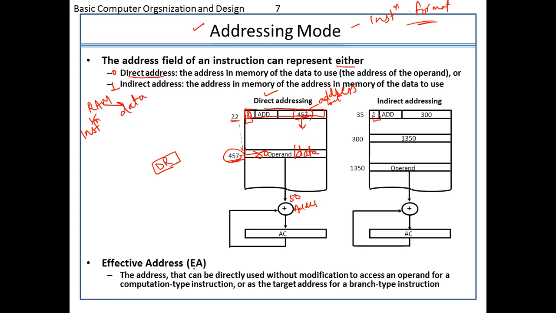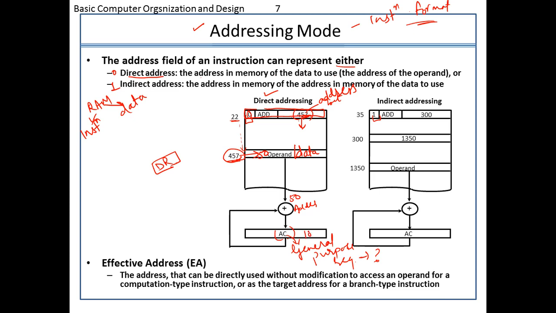This 50 comes from here, and this is an accumulator. An accumulator is nothing but a general purpose register. Now, what is a general purpose register? I am just making you aware of this; in the next slide we will get to know more about the processor registers. So here is the thing.